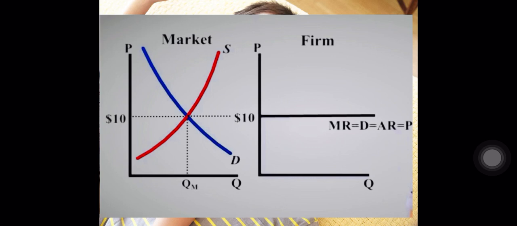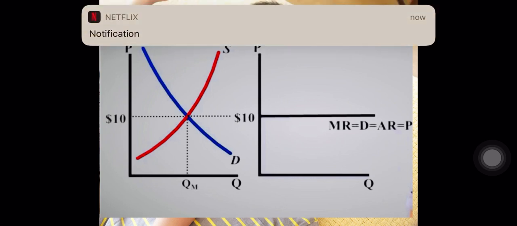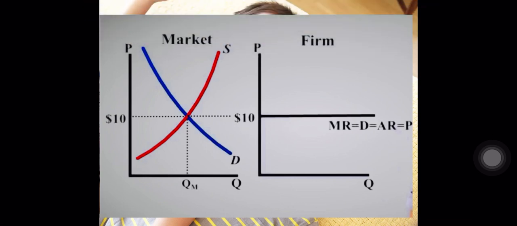Okay? Which is also equal to the average revenue because for every unit sold, 10 divided by 1 is still, you get the $10 value. Okay? So here, if you have that curve, that is also your selling price.